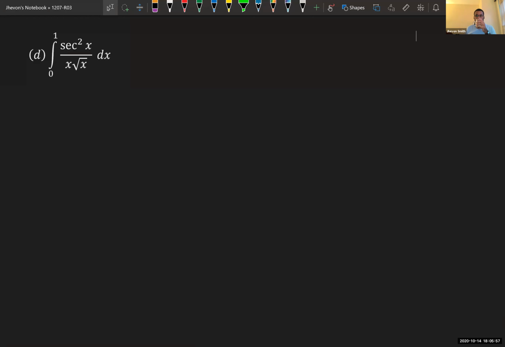Bounded wise. It's undefined when x is pi over 2.